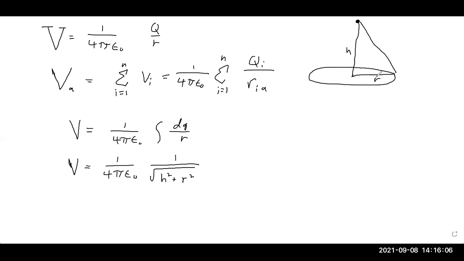I'm going to make this a capital R, just so I don't have two variables for the same thing. So the distance between any bit of charge and the point we're making our measurement comes from the Pythagorean theorem, square root of h squared plus capital R squared. And then we just need to integrate over dq.